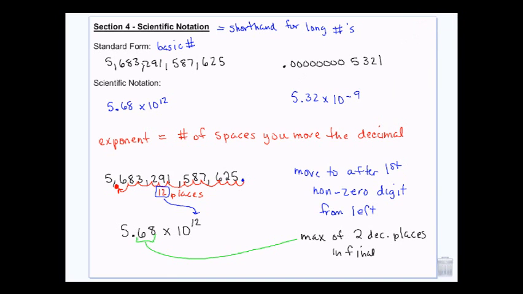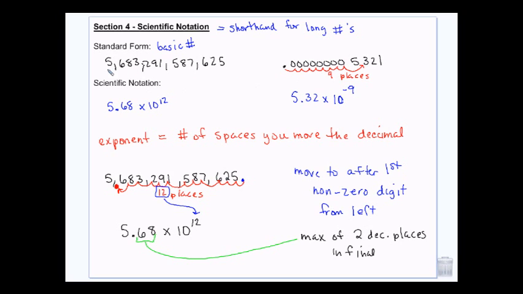If I look at the long decimal version, I go 1, 2, 3, 4, 5, 6, 7, 8, 9 after the first number that's not a 0. And that's where I got this. And the exponent is negative because it's a long decimal.